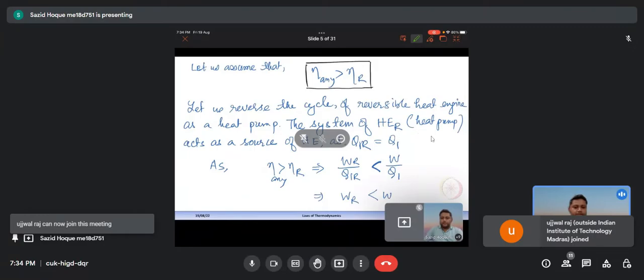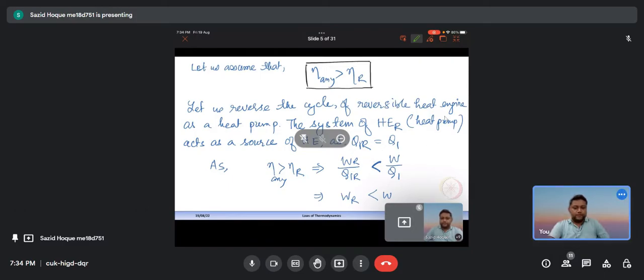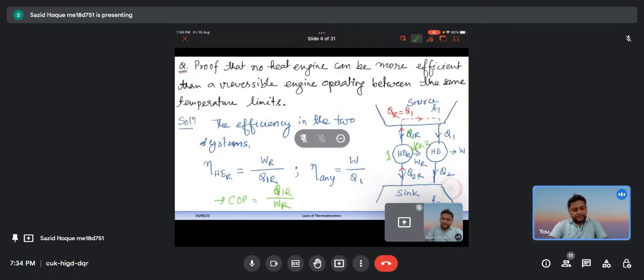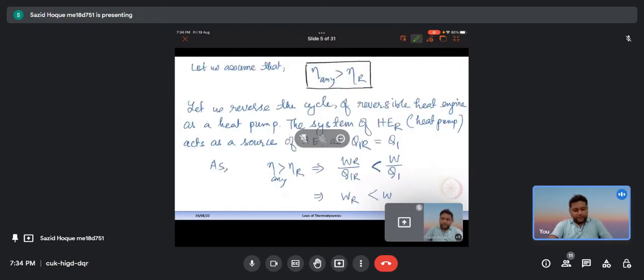So in that case, the system HCR, that is the heat pump, is now working as a heat pump. Whatever heat is coming out to the source, that heat is supplied to the heat engine as Q1. So this Q1R and Q1 are equal. Once they are equal, we can write the definition in terms of WR by Q1R being less than W by Q1.